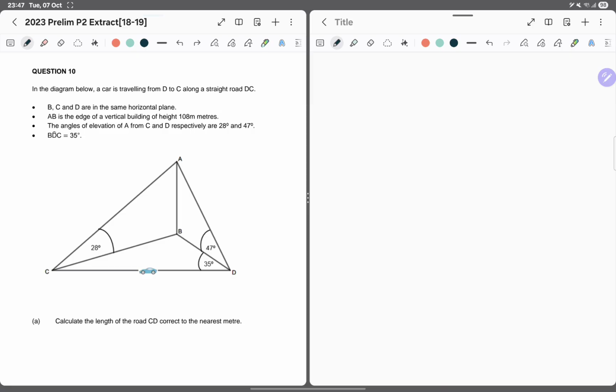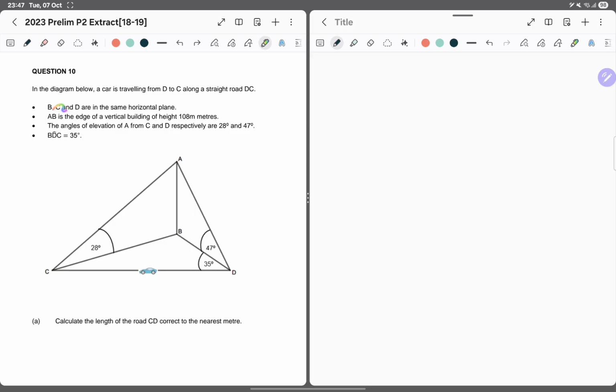We're told here that in the diagram below, a car is traveling from D to a destination at point C. We're told this is a straight road, to suggest that DC is a straight line.